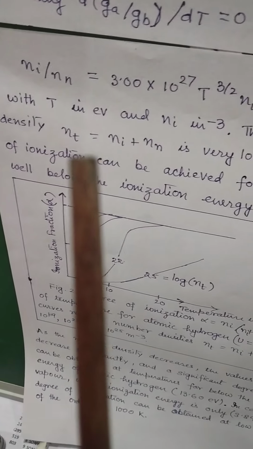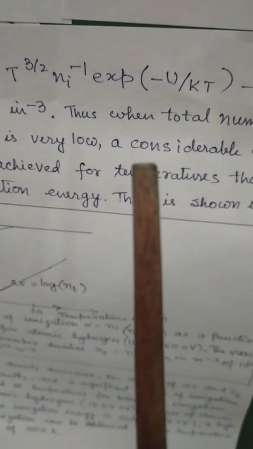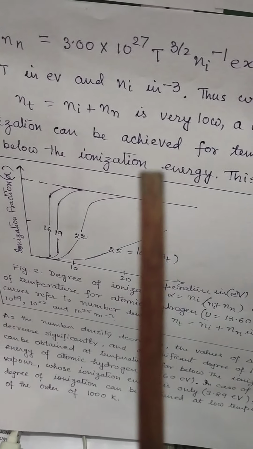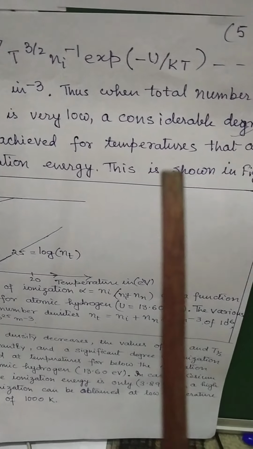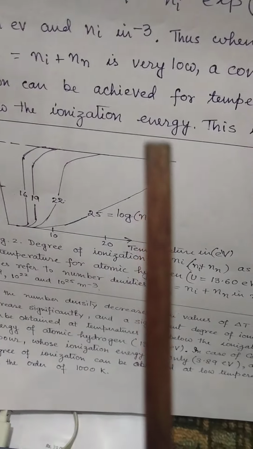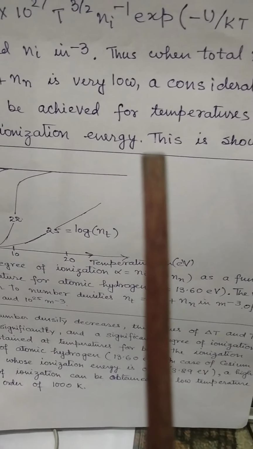Thus, when total number density Nt equal to ni plus nn is very low, a considerable degree of ionization can be achieved for temperatures that are well below the ionization energy.